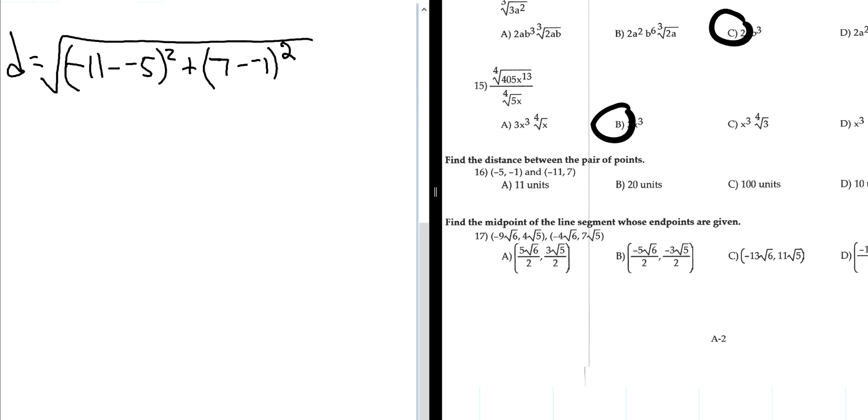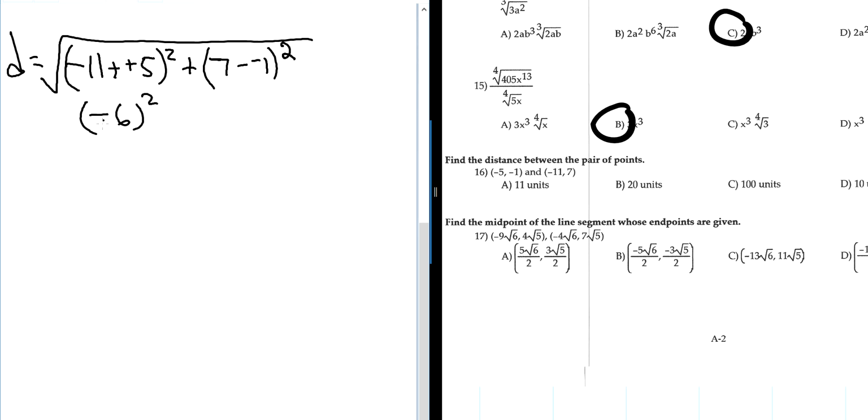Number 16 is the distance problem. Here's the distance formula with the ordered pairs filled in. So when I calculate this, I've got negative 11. This turns to plus 6. Negative 11 plus 6 is negative 5.